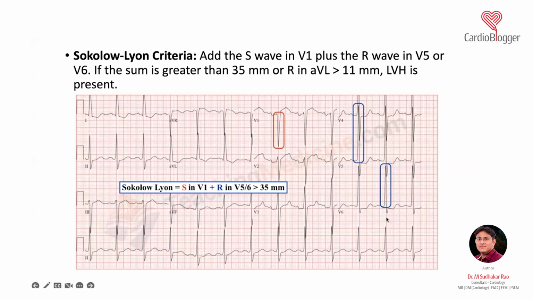S is seen only in lead V1. If the sum of S in lead V1 and R in V5 or V6 is more than 35 millimeter, as is very obvious in this ECG, there is left ventricular hypertrophy by ECG.